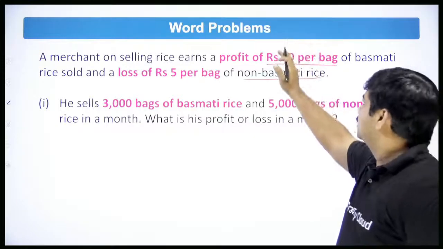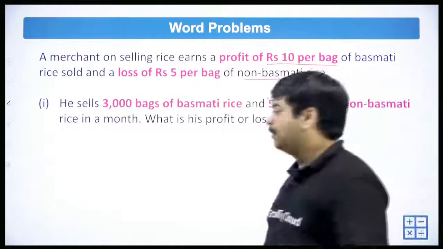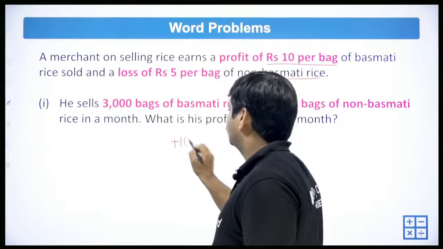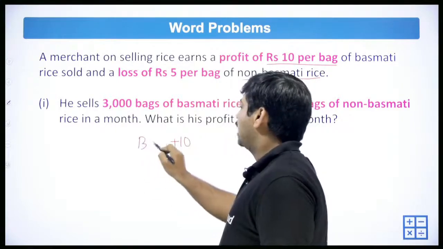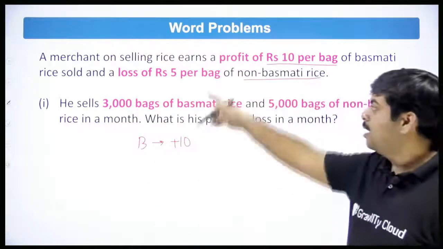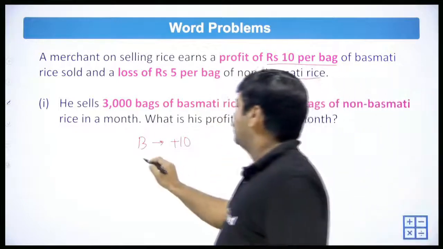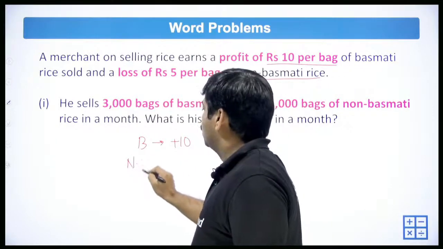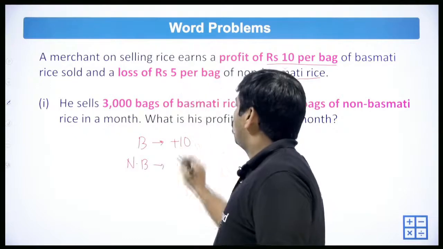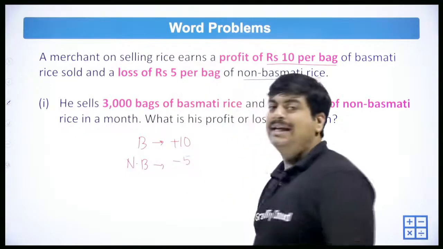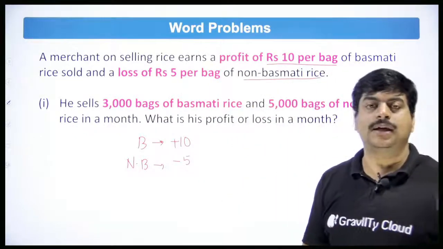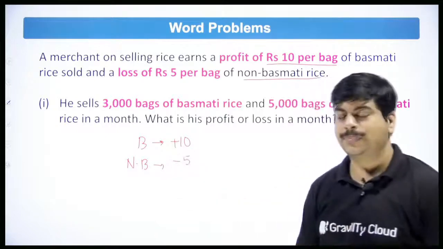So for a basmati bag, he is getting 10, so plus 10 is a profit. And a loss of rupees 5 per bag for non-basmati. Loss is in the reverse direction of profit, so we keep a negative 5, right?